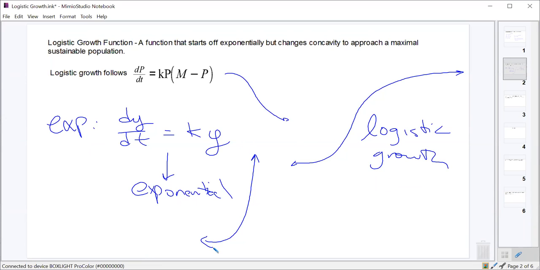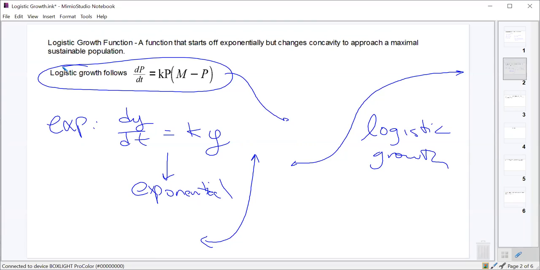And logistic growth will follow this differential equation: dP/dt equals kP times (M minus P). So the rate of change of the population, where P is the population, is equal to some constant times the population times some other constant M minus the population.